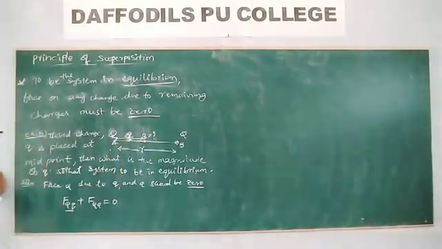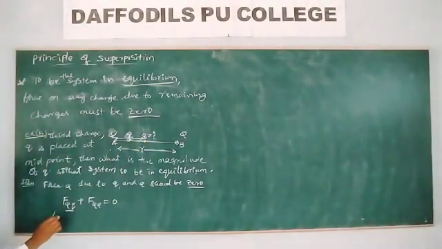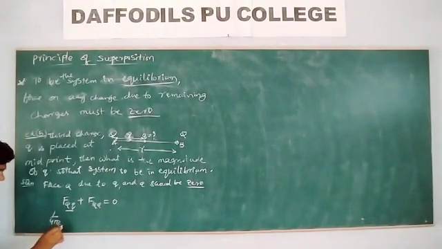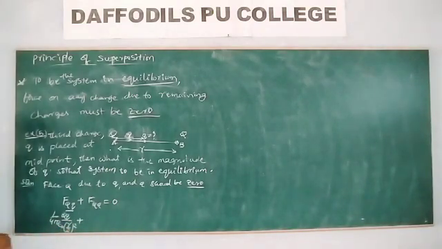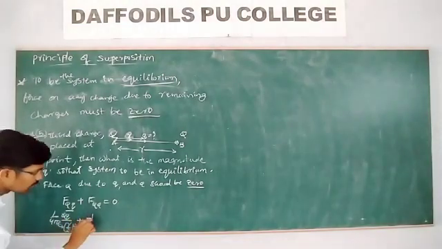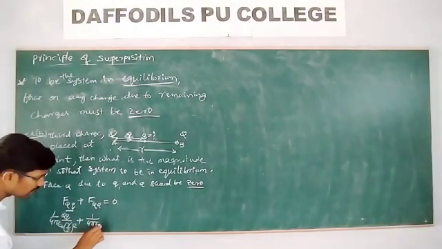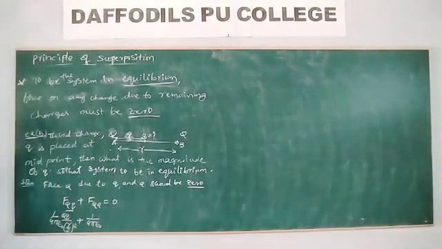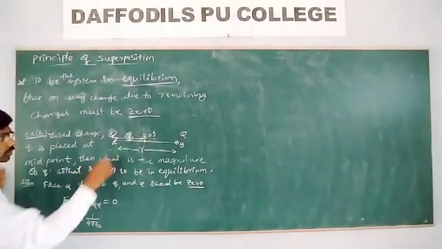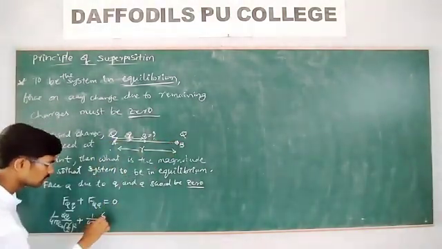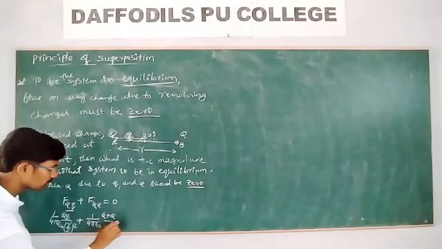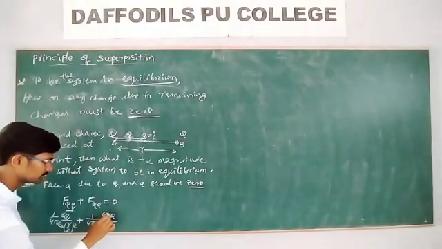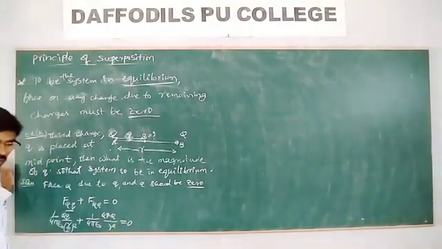Now force is 1 by 4 pi epsilon naught Q into Q by R by 2 whole square, plus 1 by 4 pi epsilon naught Q into Q by R square, is equal to 0.